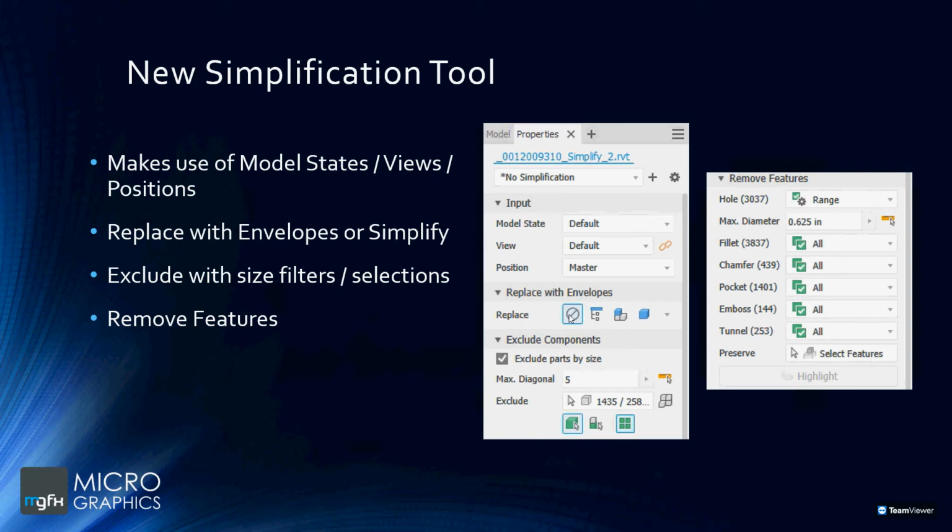We also see options here to replace with envelopes, and this will allow you to essentially place envelopes with regards to certain geometry. So one of them is that you can replace the entire Inventor assembly with just one single envelope, and that would give you basically one big bounding box that gives you the volume required for your assembly to fit into the Revit model.